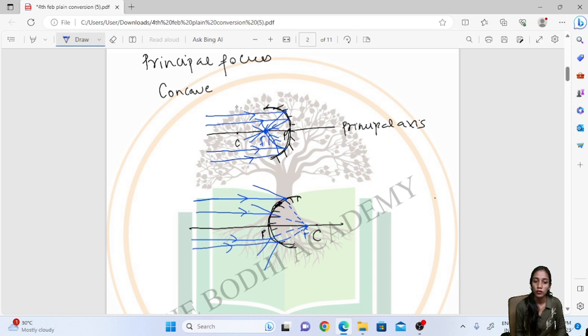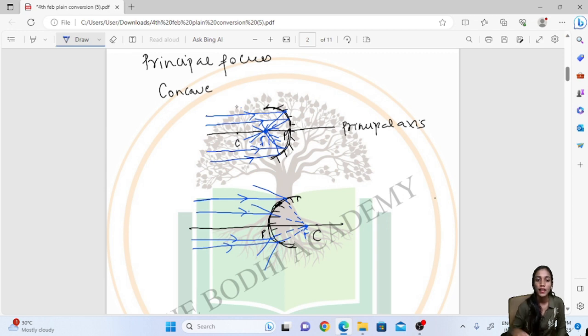But in case of convex mirror, the light rays diverge from a single point on the principal axis. The principal focus of the concave mirror lies in front of the mirror, and in case of convex mirror, the principal focus and center of curvature lie behind the mirror.